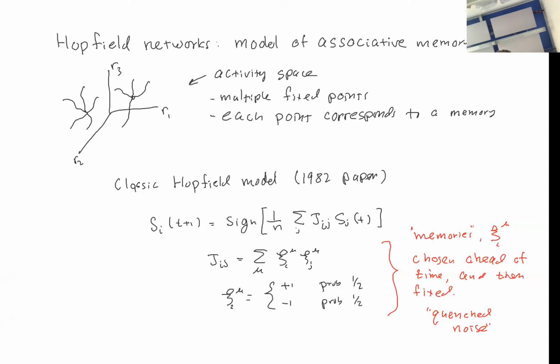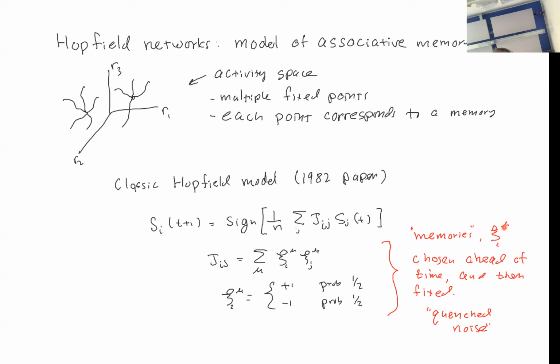It's very important that they're uncorrelated. We won't go into that, but in these Hopfield networks, you have to take a memory and code it into uncorrelated variables. The reason we call these memories is because these xi_i^mu are fixed points of the dynamics if p is not so large.